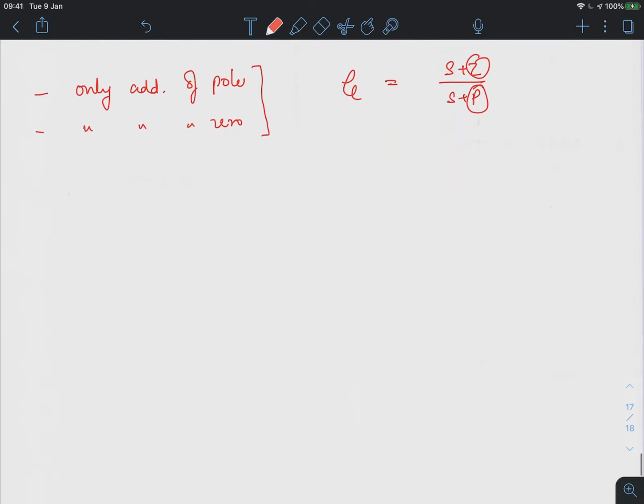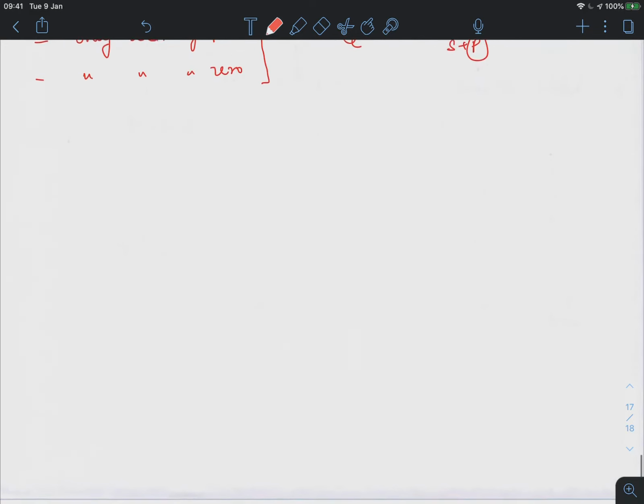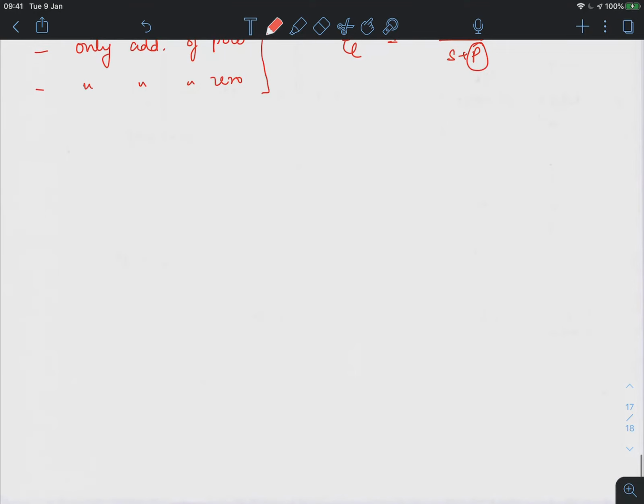Okay, so this ends our topic on time domain analysis. The only part remaining in this topic is the solution of the state space system.